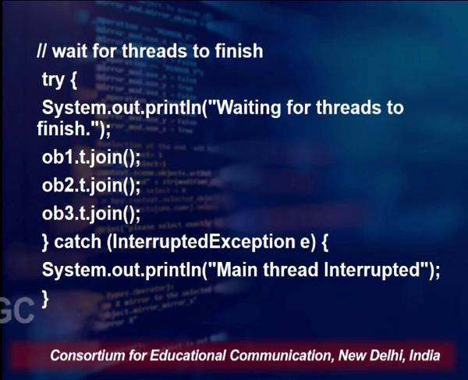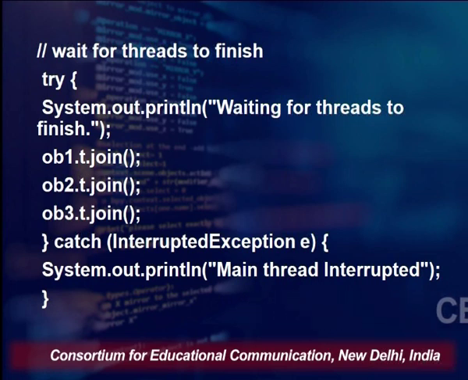Then OB1.t.join, OB2.t.join and OB3.t.join, and corresponding to the try block we have catch InterruptedException e, printing main thread interrupted, because this whole processing is going on inside the main thread.